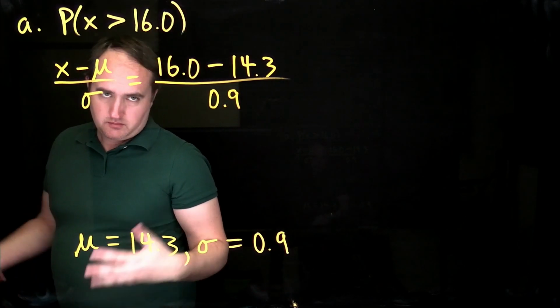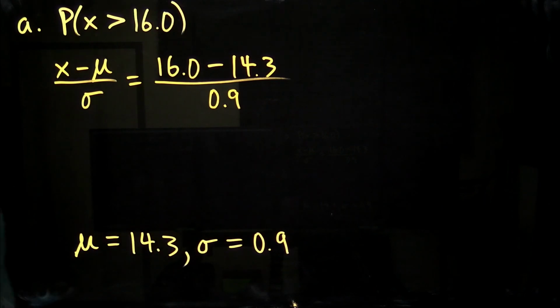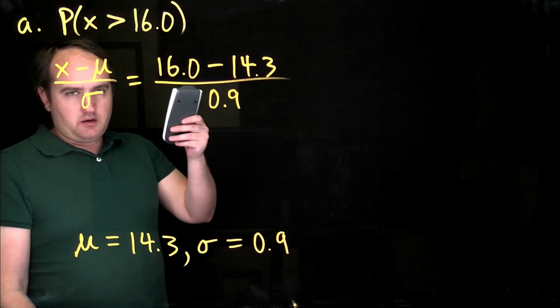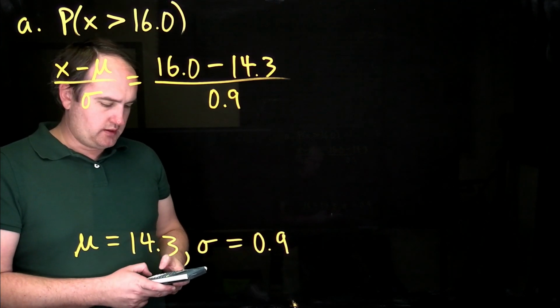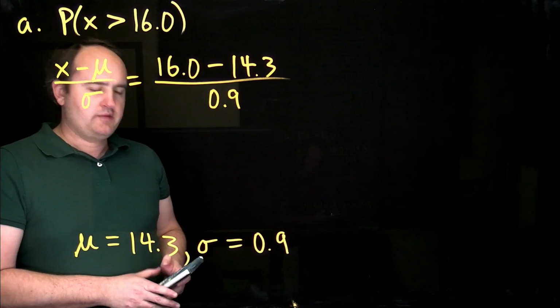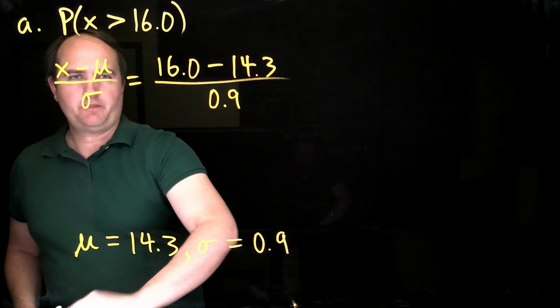Most people would use a calculator. Unless you're good at doing math on decimals in your head, a calculator is usually quicker. So 16.0 minus 14.3 gives us 1.7.